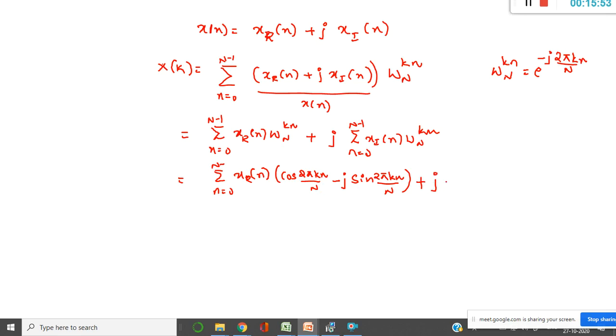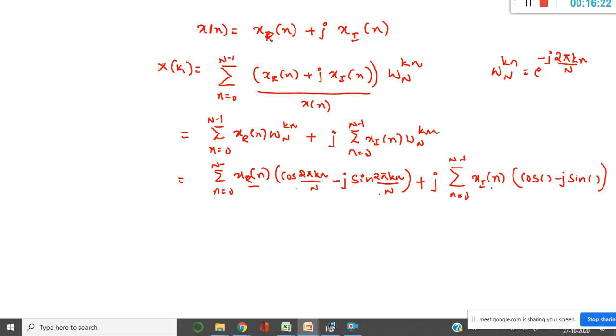Similarly, for the imaginary part, n runs from 0 to n minus 1, xi of n. Similarly, I write it in terms of a cos term minus j sin term. I don't write it completely; it is understood: cos of 2 pi kn by n. Now, I can multiply the real number with the cosine term and the real number with the sine term.